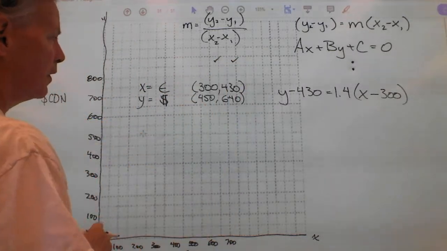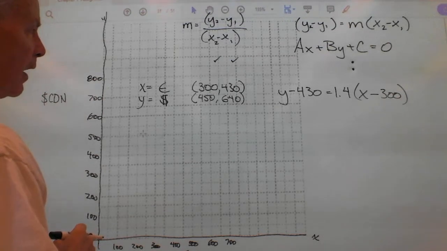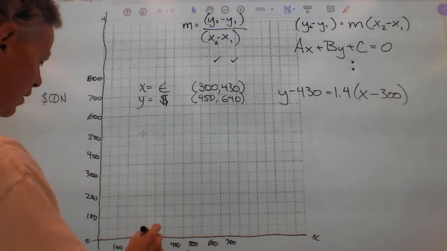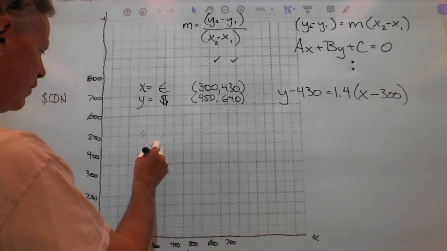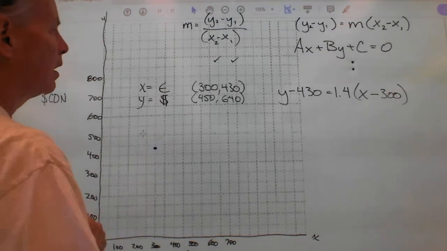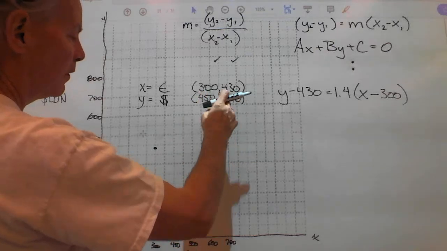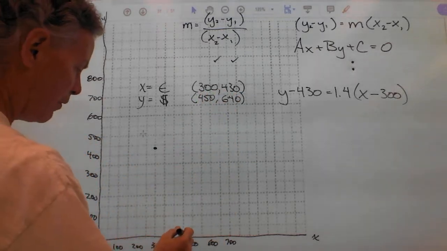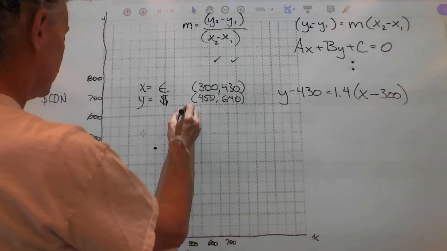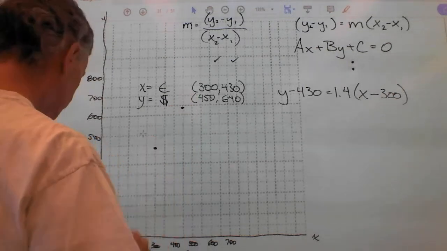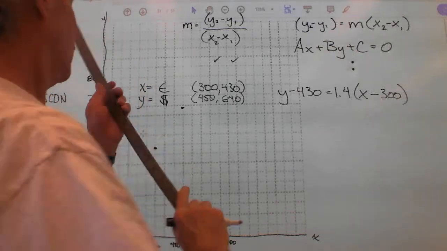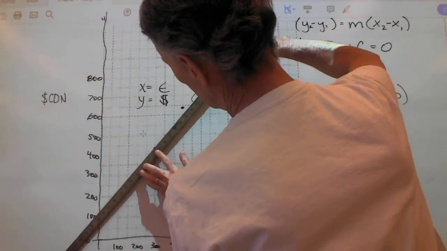Okay? Plot our points. 300 and 430 is our first point. So that gives us 300 and 430, which would be about here. And then 450 and 640, so 450, 640 would be about here. Get your ruler, join the points.